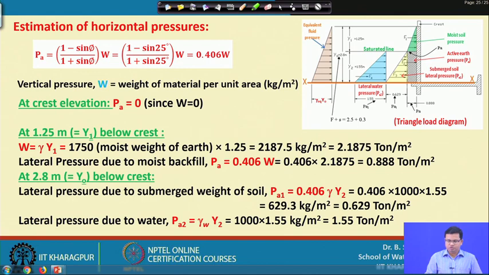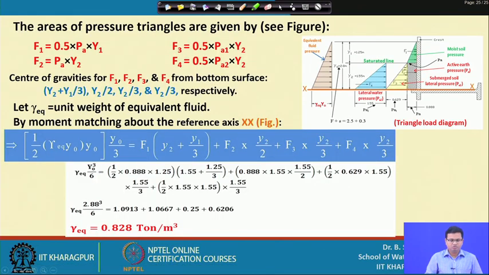So, once this is known, now you have to calculate the areas of different pressure triangles. The area of F 1, you can estimate, that is base as P A as seen in the figure, and height is here y 1.